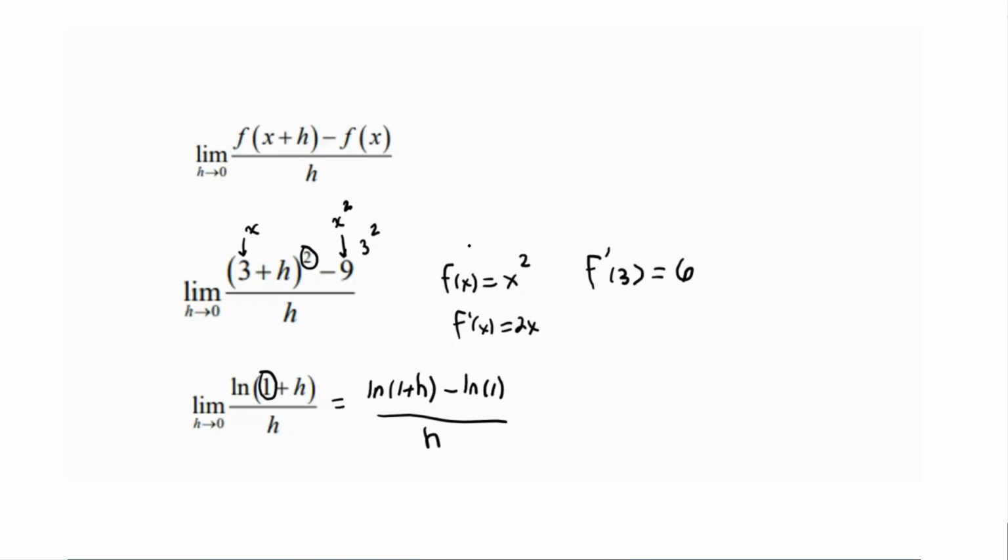Well, the natural log of 1 is 0, so that's why they don't have it written in the original. So this problem here is f of x is equal to natural log x, and what we are finding is f prime of 1, which in this case would come out to be the derivative of natural log x, which is 1 over x, so the answer here is 1.